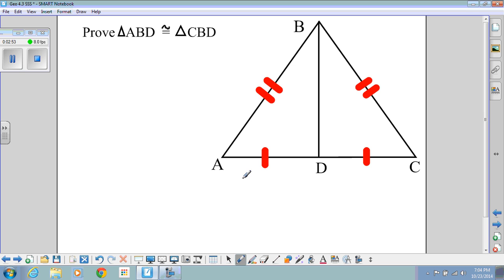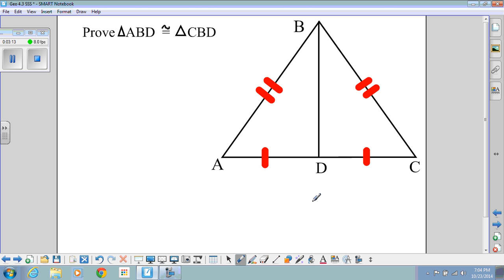So let's say we were trying to prove a situation like this, where triangle ABD is congruent to triangle CBD. And notice what we have. We know that AB is congruent to BC, that's given. We know AD is congruent to DC, that's also given.